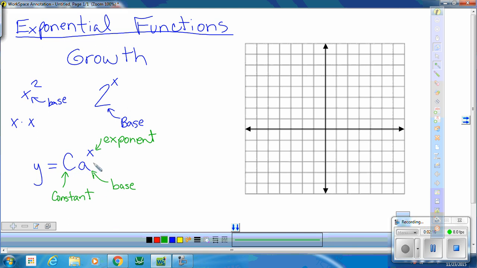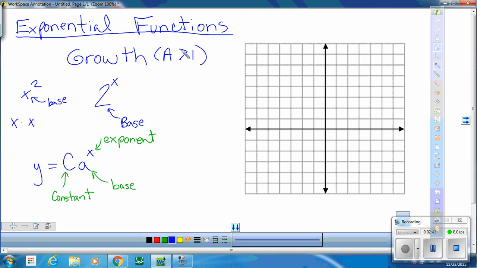Because remember, order of operations. You have to do exponents before you can multiply. So you'll never be able to multiply a and c, because a is being taken to the x power. You've got to do that first. Then you can multiply it times the constant. When we call it exponential growth, the key factor for something being exponential growth is that the base, a, has to be greater than 1.